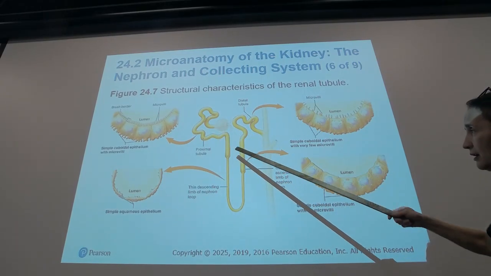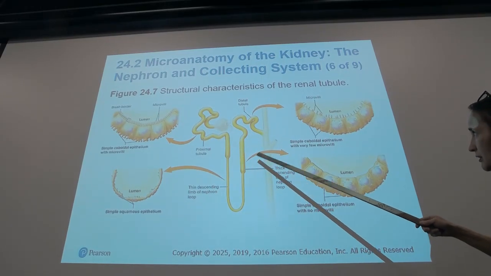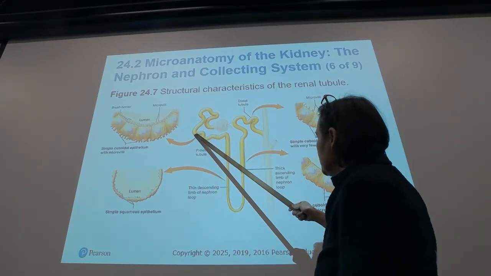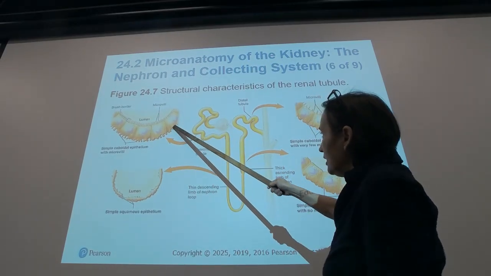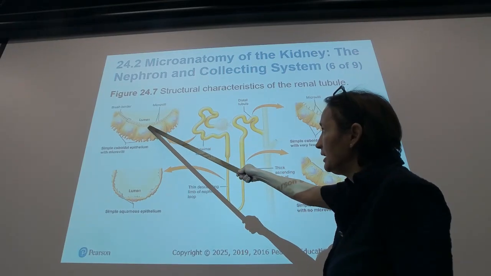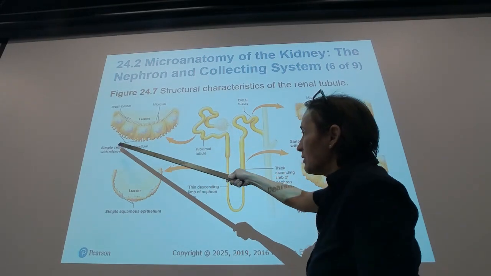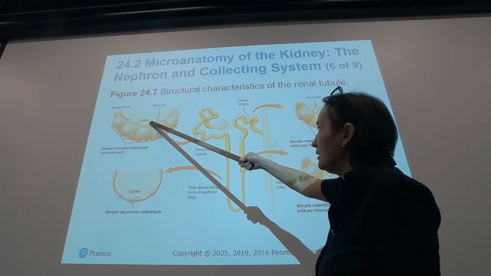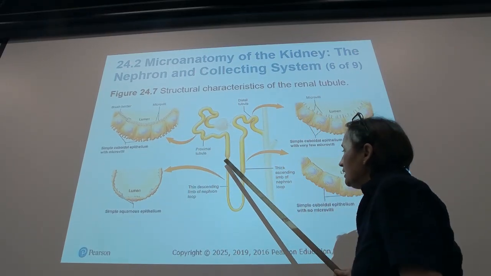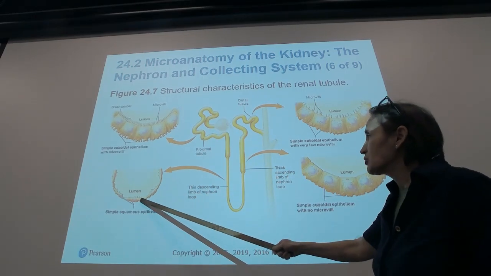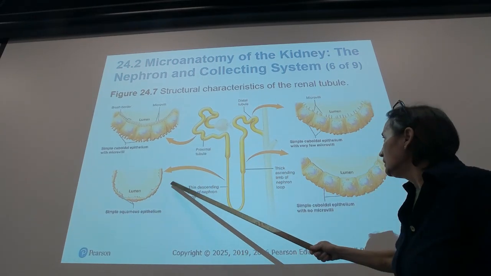If you magnify these different regions, this is how the epithelium looks. In the PCT, it's cuboidal cells. They look like squares, and they have microvilli. And it's only one layer, that's why it's simple. So simple cuboidal epithelium with microvilli. In the thin descending limb, we have simple squamous epithelium.